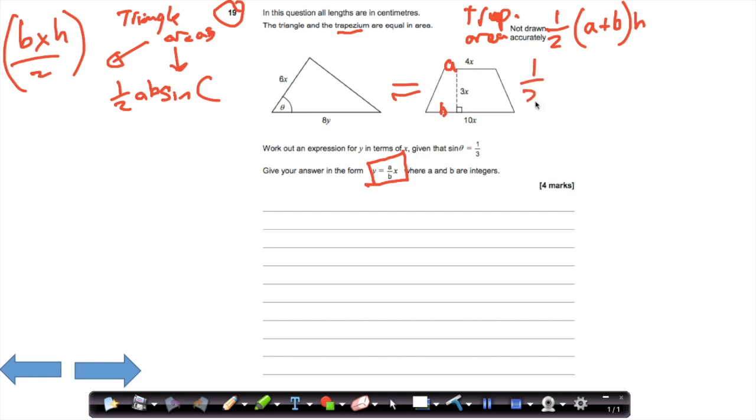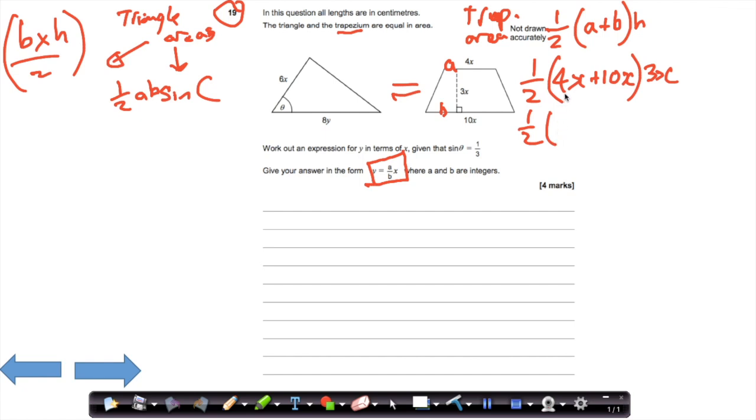So a half of the parallel sides, so 4x plus 10x, multiplied by the height, so the distance between them, 3x. If we simplify some of this, don't try and expand these brackets yet. It's a lot easier if you just simplify what's inside the brackets, because algebraically you can do 4x plus 10x, because they both end in just a singular power of x.